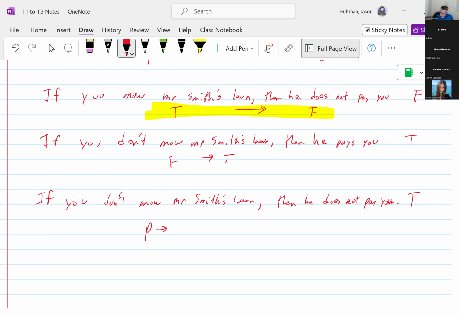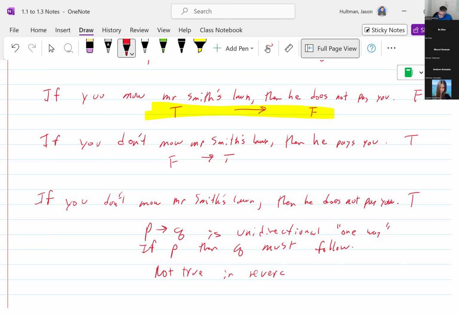Okay, P implies Q is what we call unidirectional. It's one way. P implies Q, and Q does not imply P. If P, then Q must follow. And this is not true in reverse order.